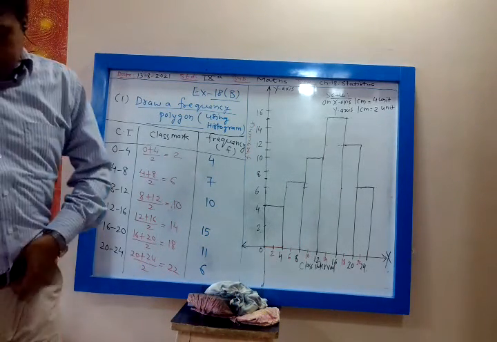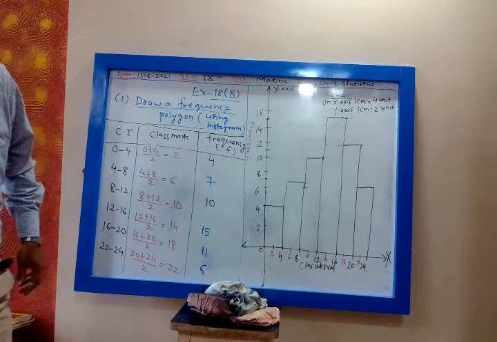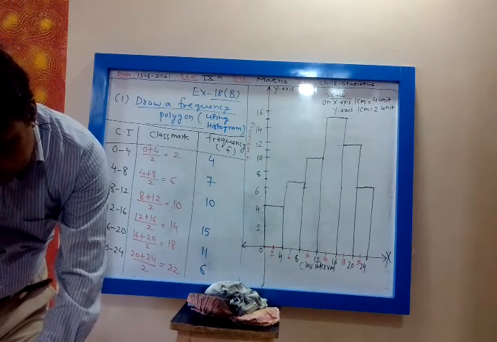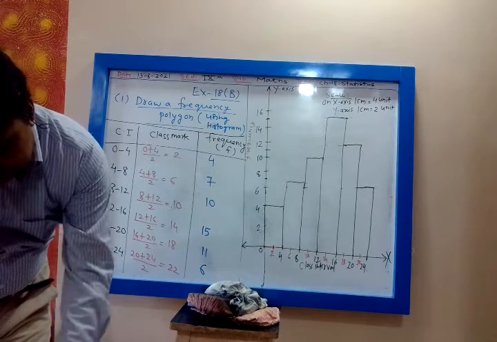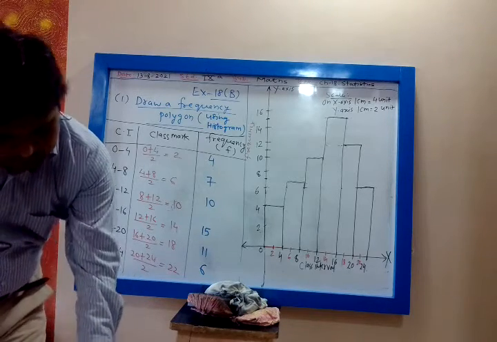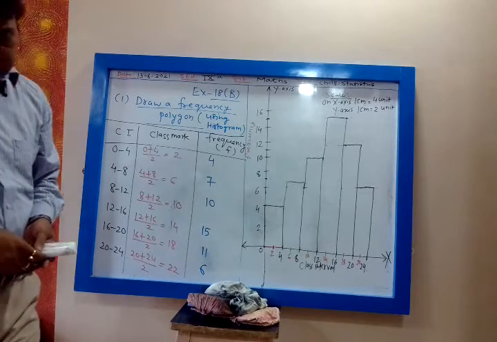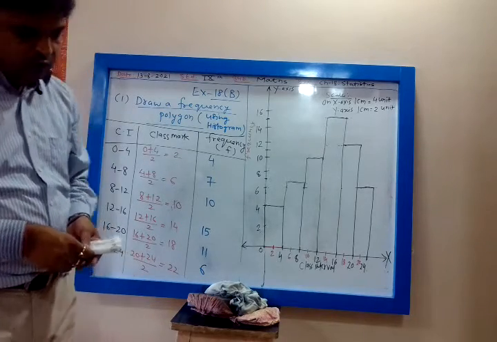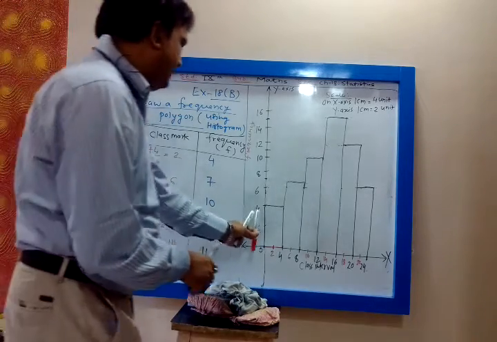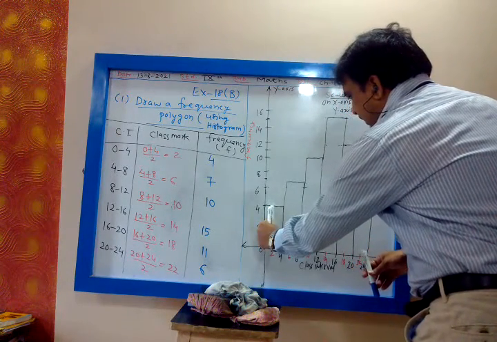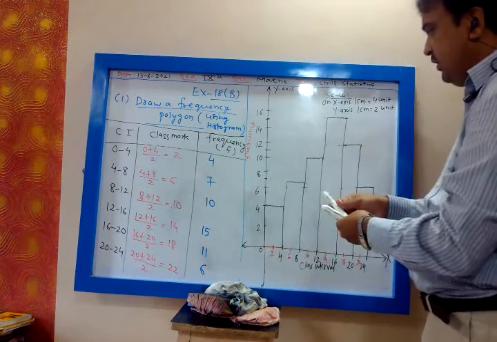Now for the class mark of 0 to 4, you take the midpoint. See, above 2, keep the scale vertically like this and draw a dot there.